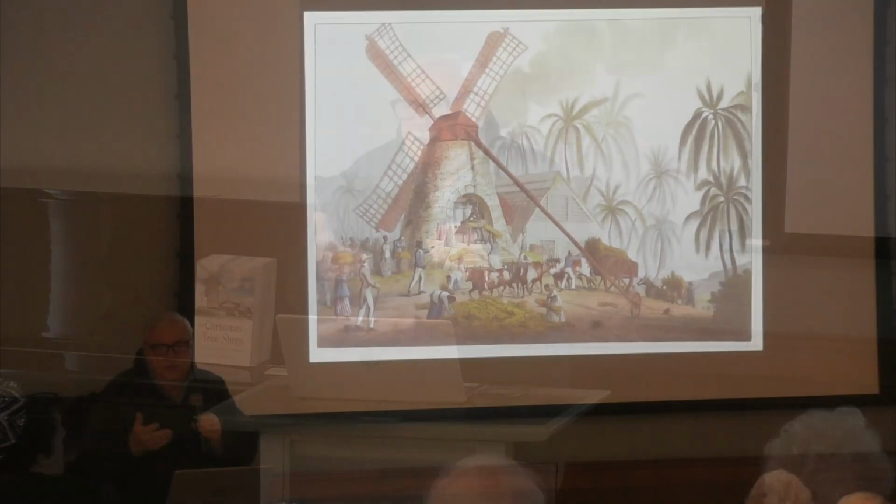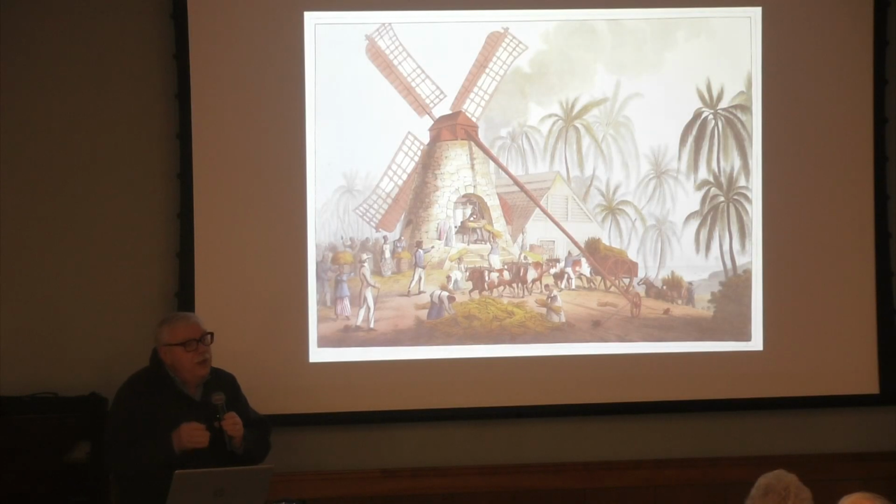We see a windmill. Now, a windmill is synonymous with the Dutch culture, but the windmill was important because it turned grist mills that would actually grind the sugarcane. Now, it was great if it was a windy day because it could be done without manpower.